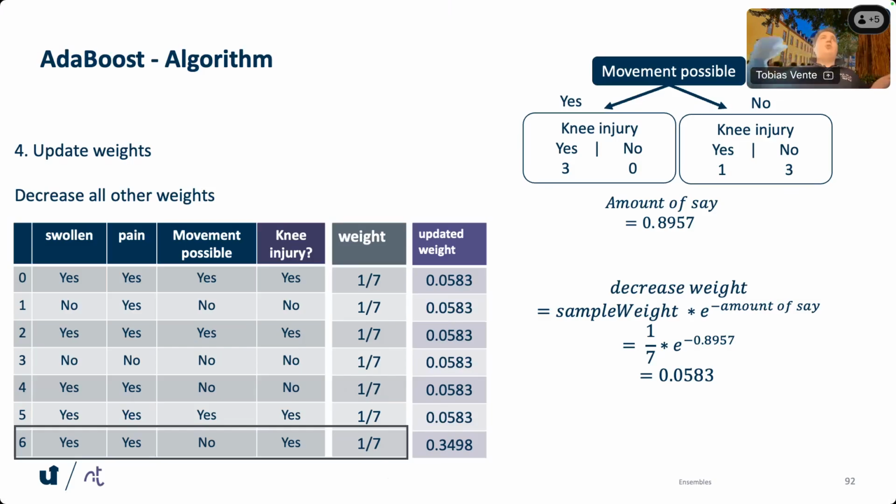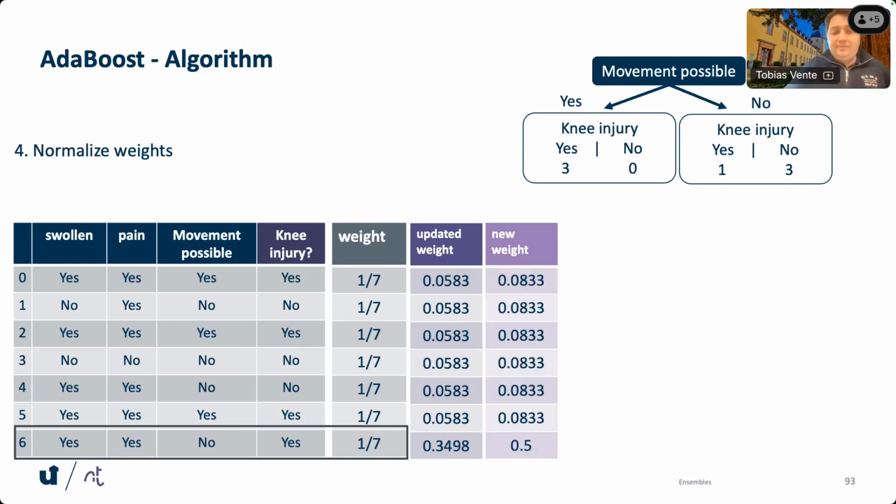Over time, you focus more and more on all the data points that the past trees couldn't classify correctly. And with this, in an ideal case, the longer you learn, the better your performance gets. And by the longer you learn, I mean the more trees you create, the better the performance gets. That's the core idea of AdaBoost.